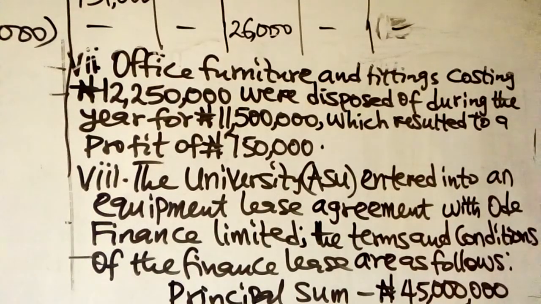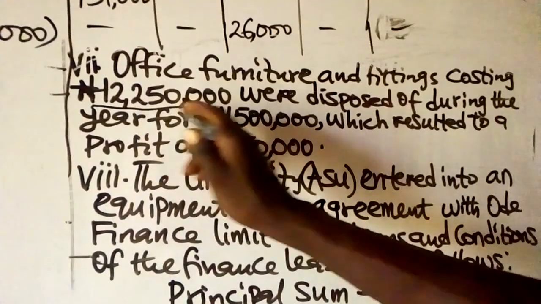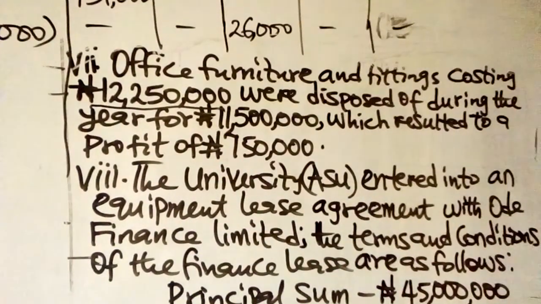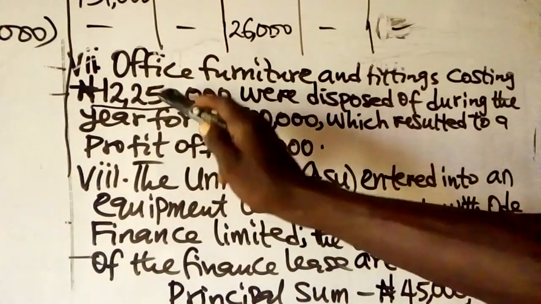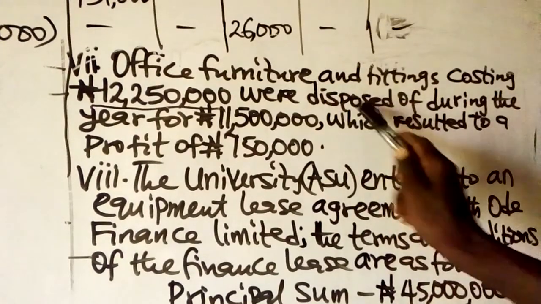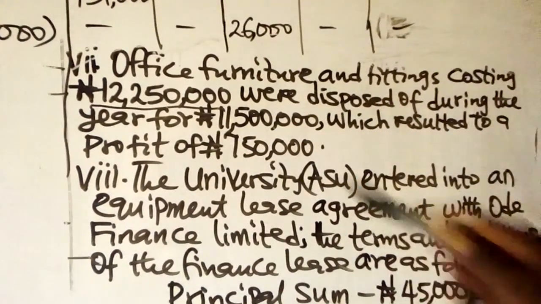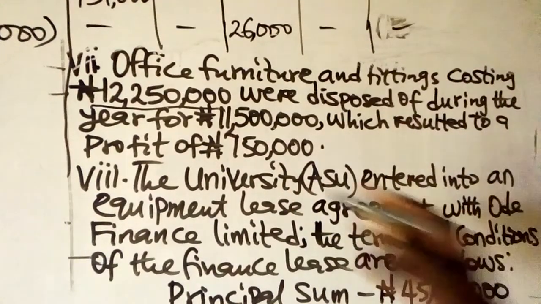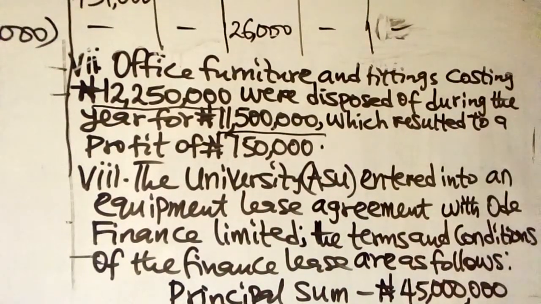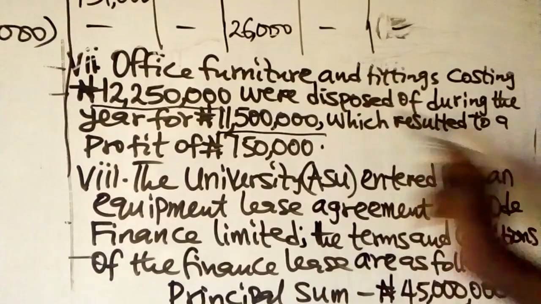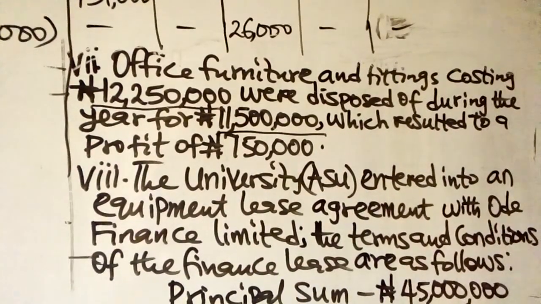It was office furniture that was sold. The cost was 12,250,000. That is the amount it was worth at the time of purchase, but it was disposed of during the year for 11.5 million. This is the proceeds from disposal, 11.5 million, which resulted in a profit of 750,000.